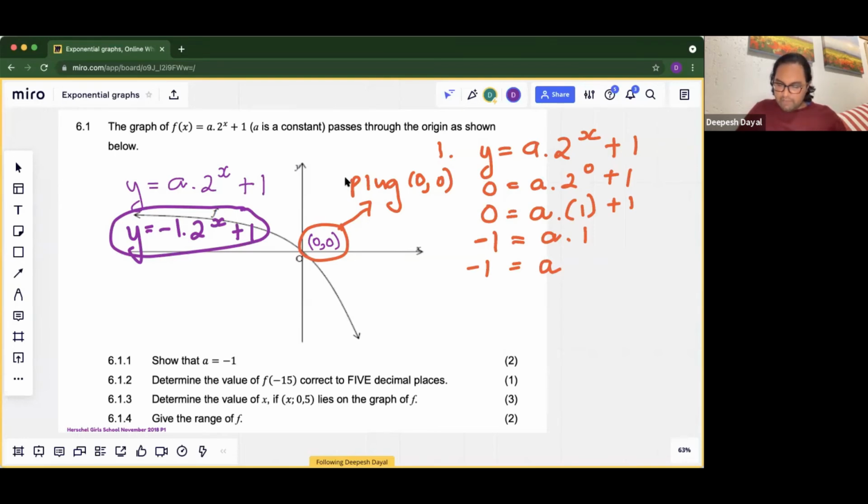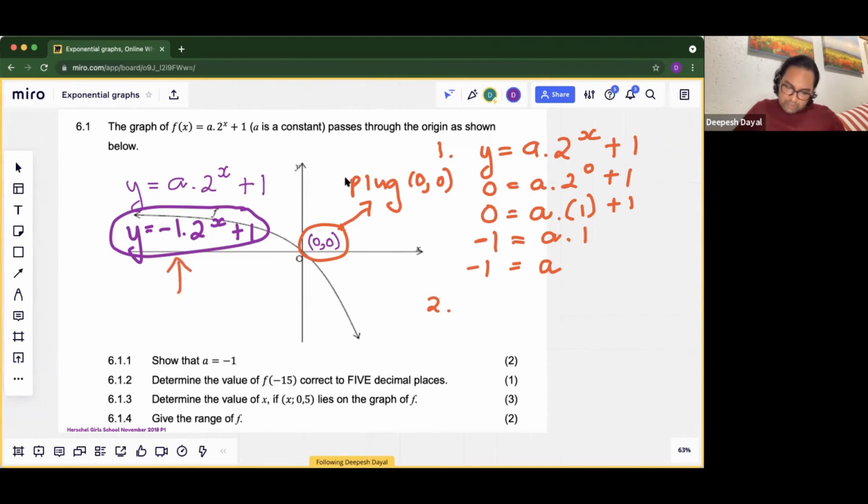Determine the value of f(-15). So where are we going to plug -15? Are we going to plug it in the place of x or place of y? In the place of x? Yes. So let's plug that in the place of x. So here we've got the equation.